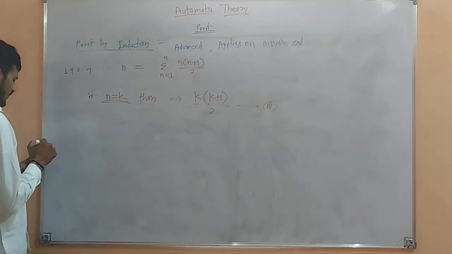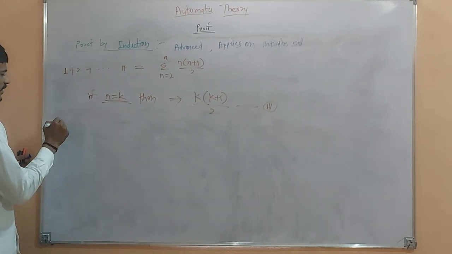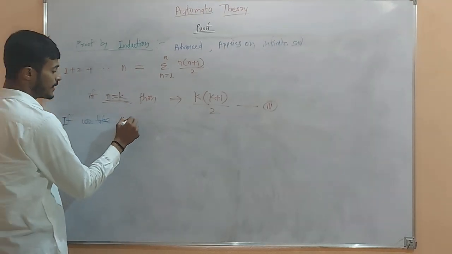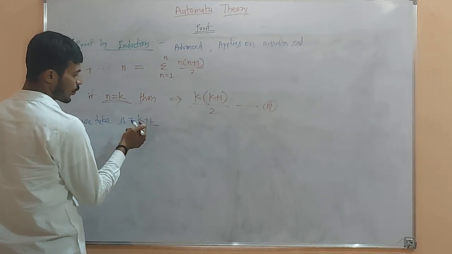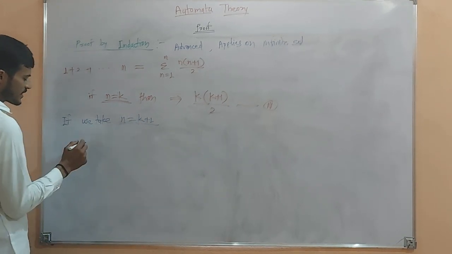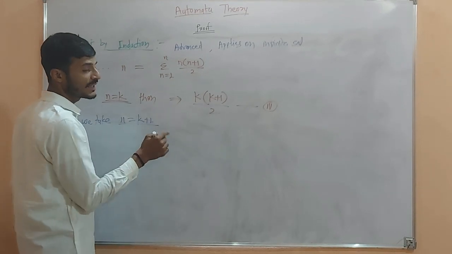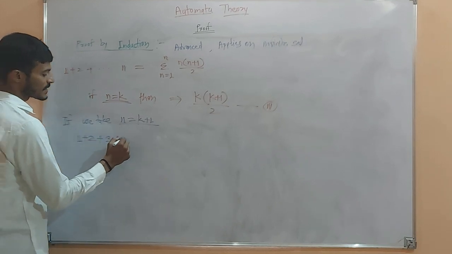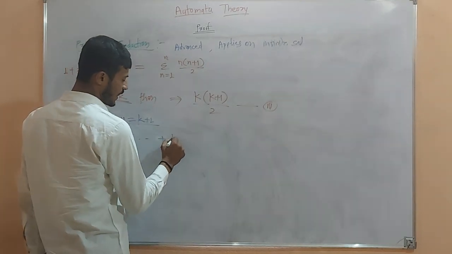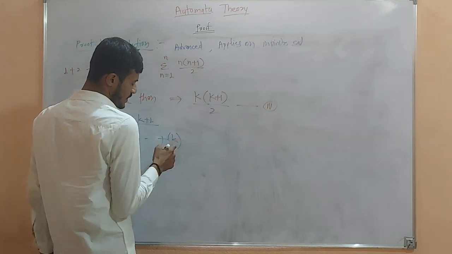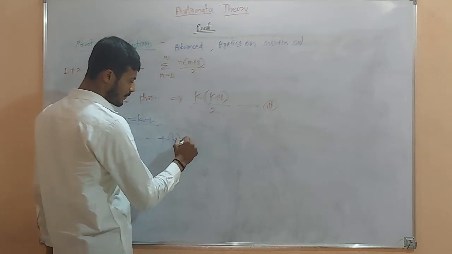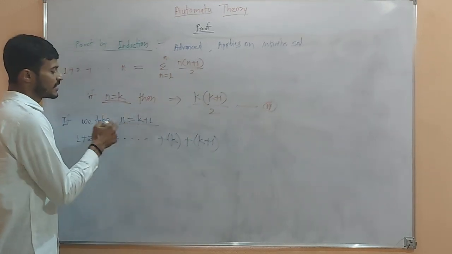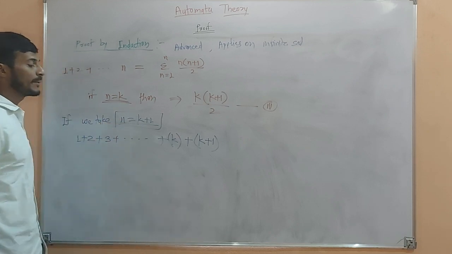Now if we take n equals k plus 1, what is the meaning of this? It is nothing but the summation of the first k plus 1 natural numbers. So 1 plus 2 plus 3 and so on up to k, that is the second last number, plus this is the last number under discussion, that is n equals k plus 1.